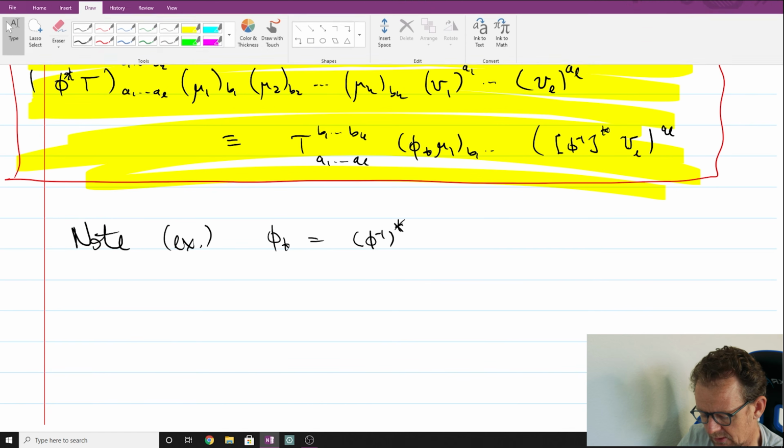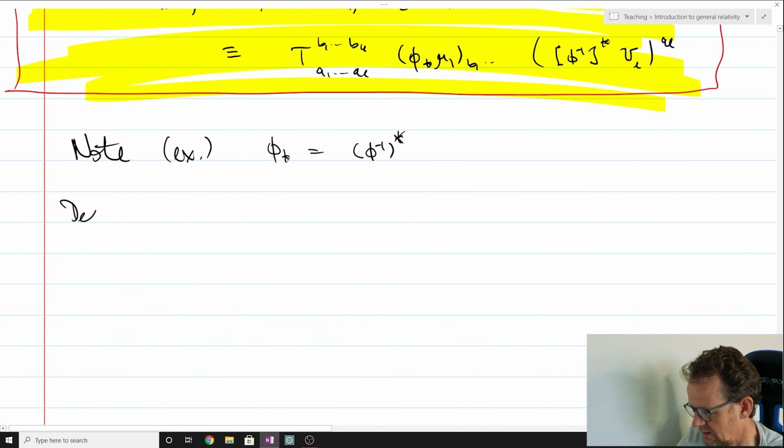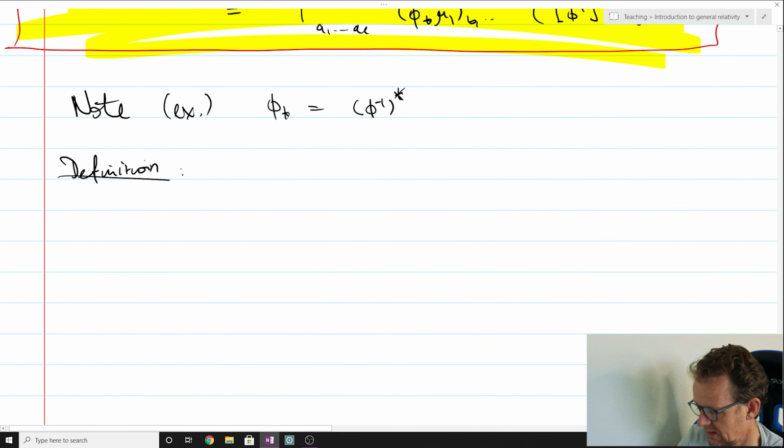Okay, and so the final definition I'll make before finishing up today is to isolate the special role played by certain diffeomorphisms in general relativity and in differential geometry.